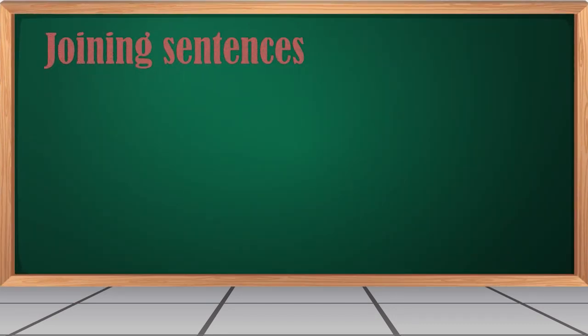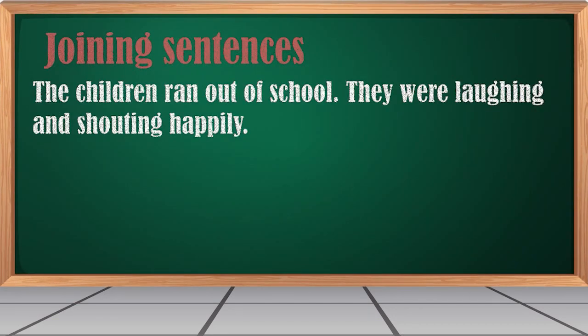Example: the children ran out of school. They were laughing and shouting happily. How many sentences are there? There are 2 sentences. So we join them together in one sentence with the ing form.